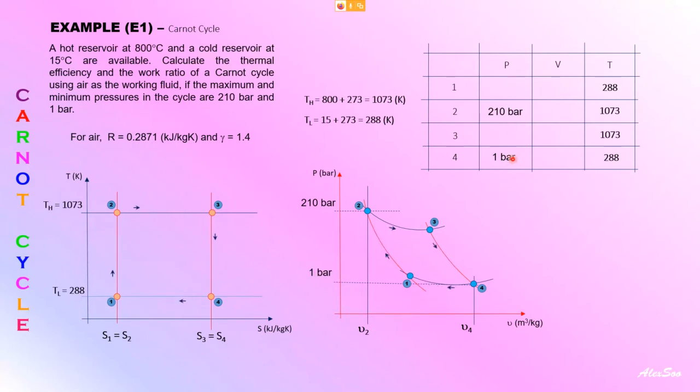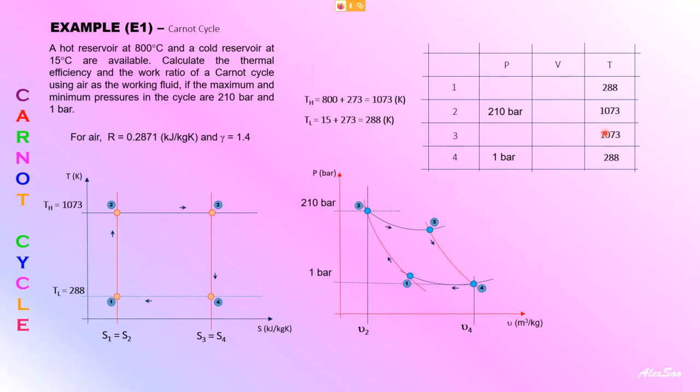So you just fill it up into the table. Then we know that both of these temperature lines, point 1 and point 4, have a temperature of 288 Kelvin. Points 2 and 3 have a temperature of 1073 Kelvin. So that is all the given data.